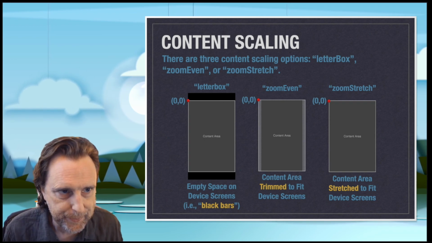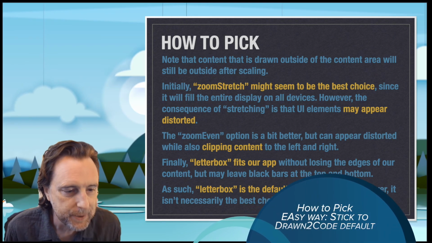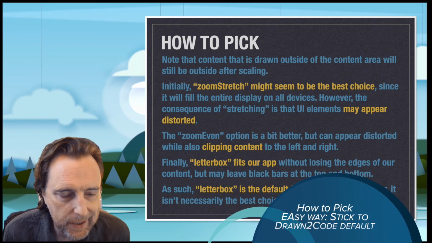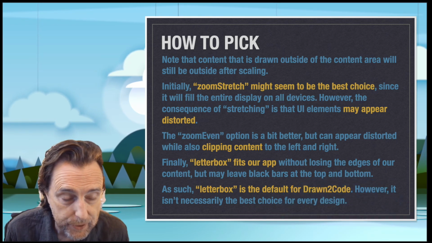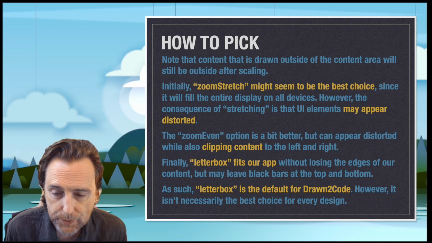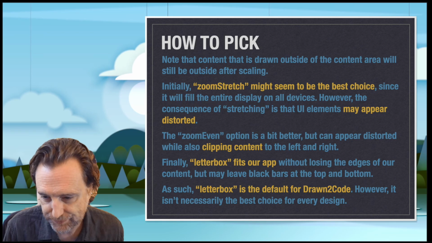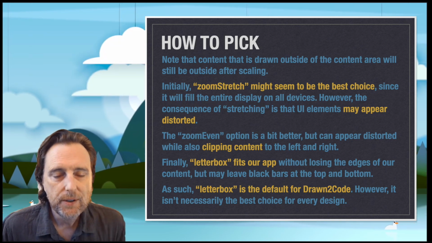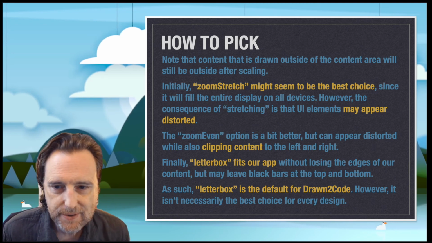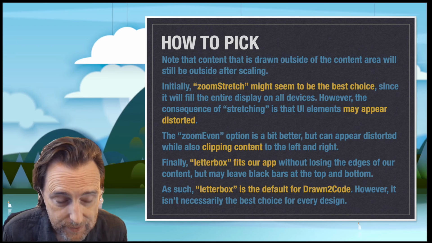it doesn't look good. So the default for Drawn to Code is letterbox, because that doesn't truncate any content. But you can go into the config.lua and change it to zoom even or zoom stretch and see what the result would be. That's easy to do. I don't know that I've seen a design where zoom stretch was the correct choice, the best looking choice.